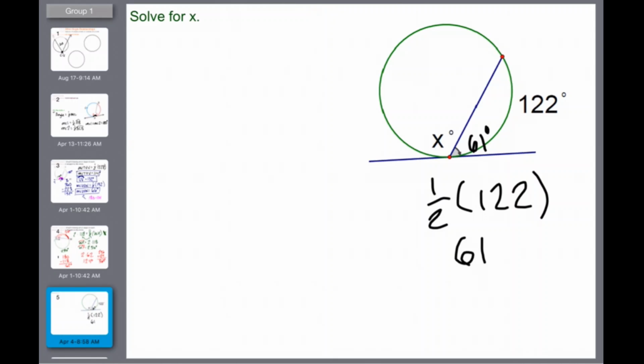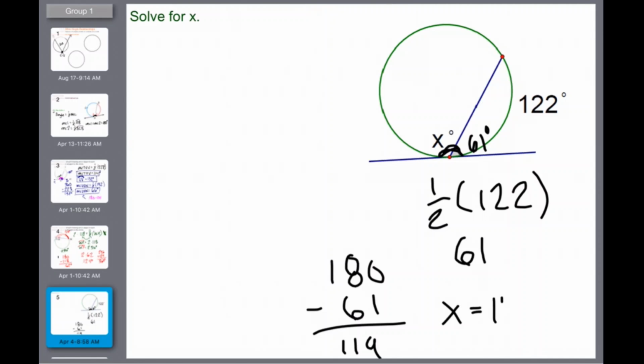All right, and we know that these two angles together have to be 180, so we can take 180 minus 61, and if we do that, that's going to be 119. So that means our x is going to be equal to 119 degrees here.